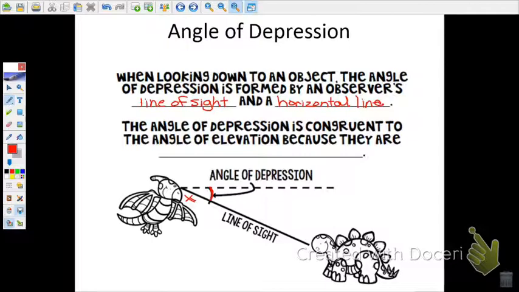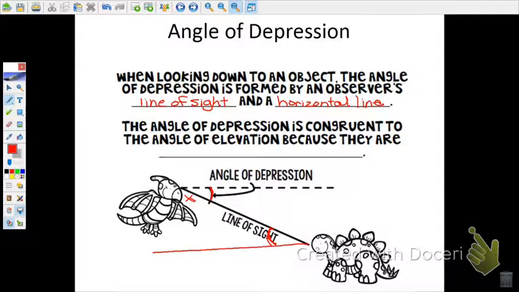Something that can help you: it says the angle of depression is congruent to the angle of elevation. If we think of an angle of elevation, that comes from the ground. So the dinosaur, instead of looking straight ahead, is looking up. And it's telling me that these two angles are congruent because they are what? What kind of angles are those two angles?